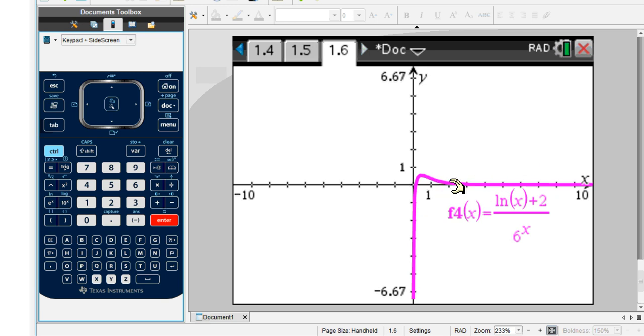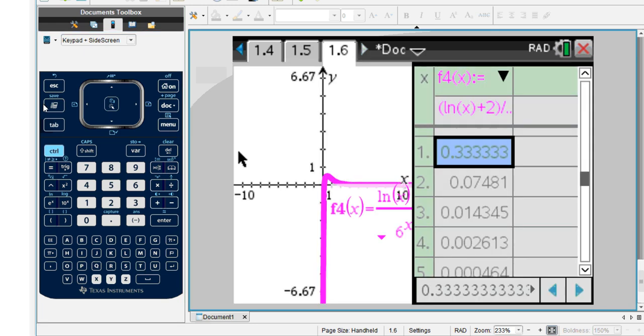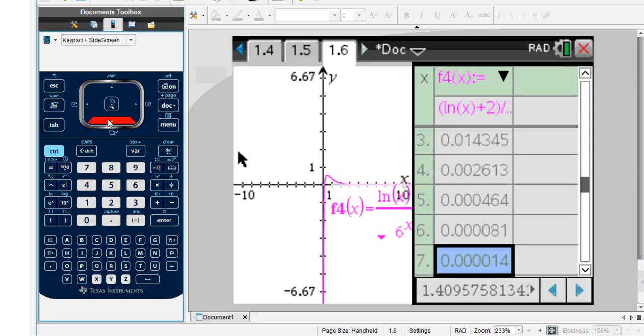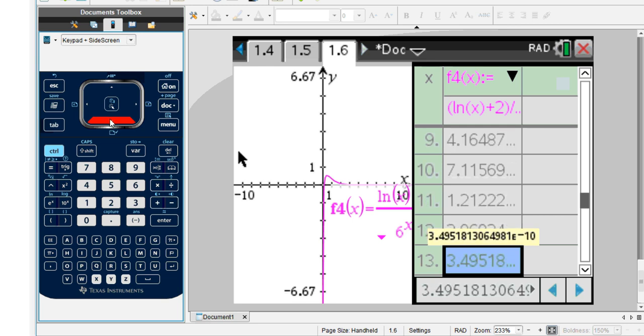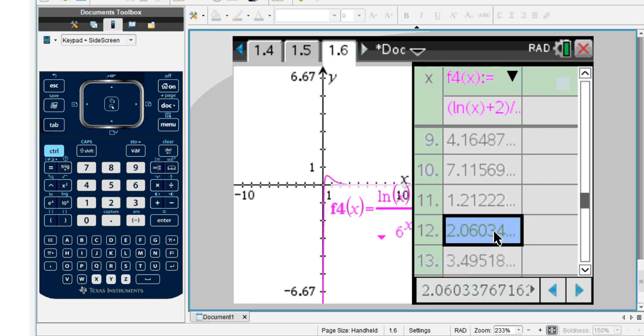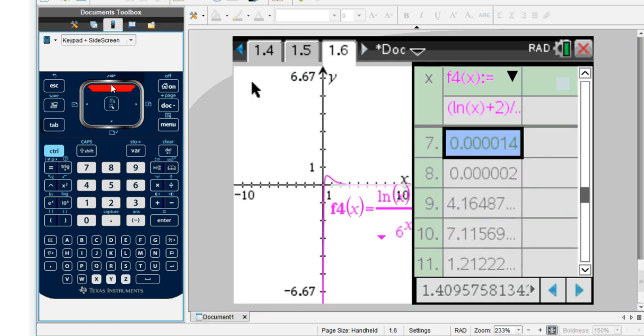And it looks like going to the right we have x equals 0, and Control T just to see what that does in our table view. See, we're getting really small there. It says e to the, times 10 to the 2.06 times 10 to the negative 9th power. So really, really small numbers.